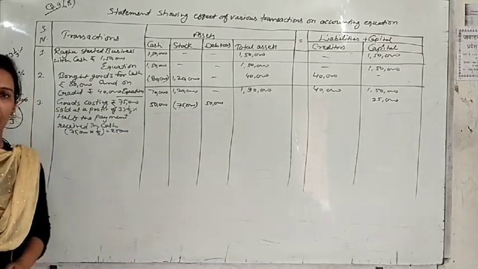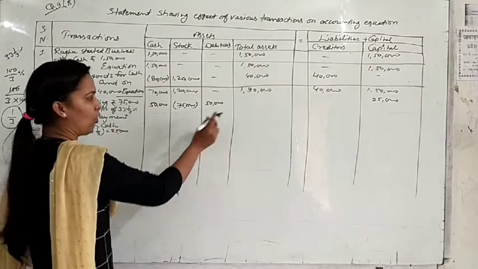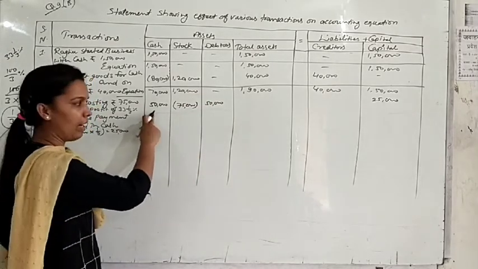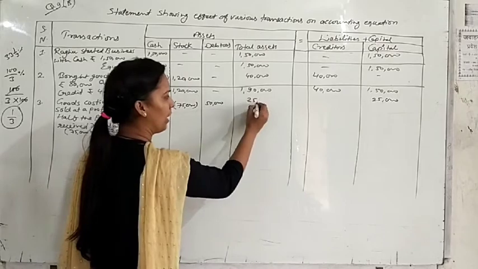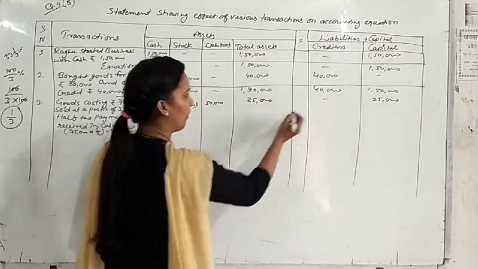These are your debtors. So the net effect on total assets is 50 plus 50, that is 1 lakh, minus 75, 25,000, and no effect on creditors.